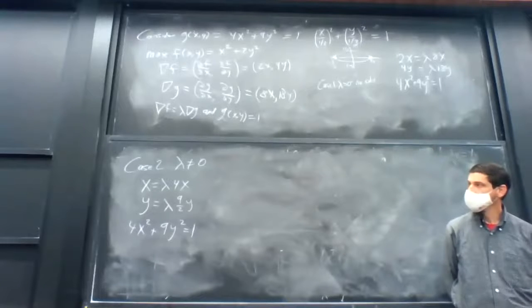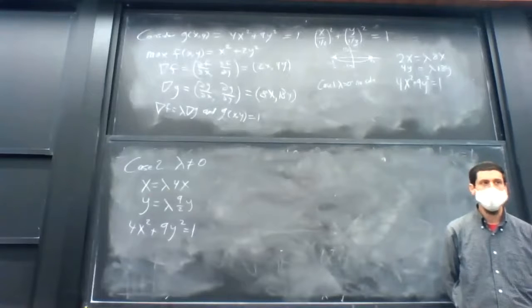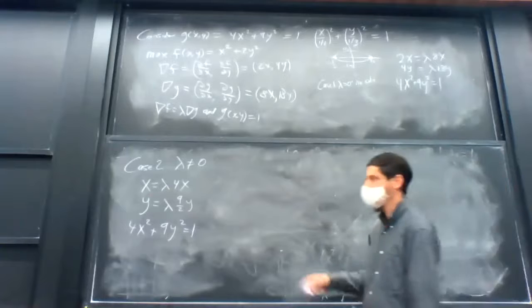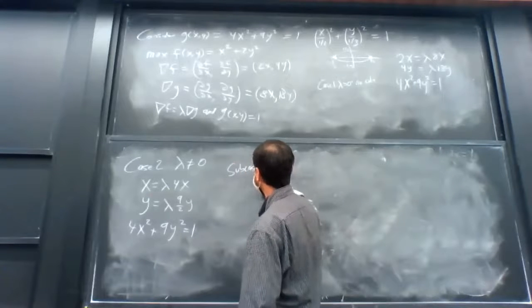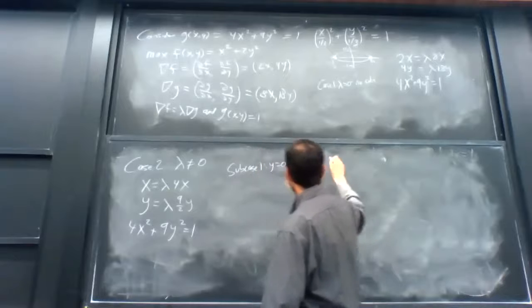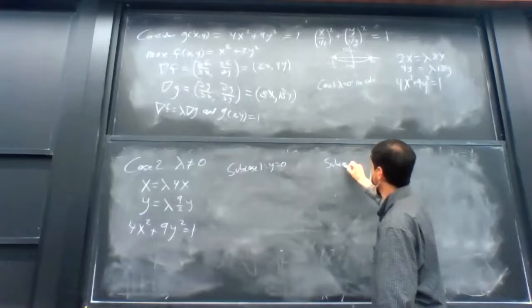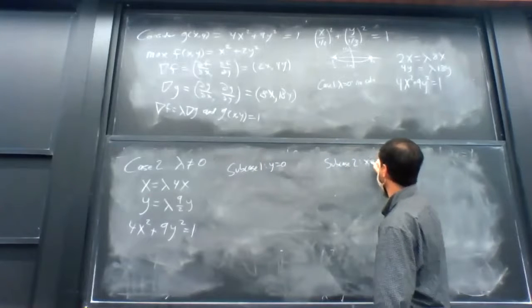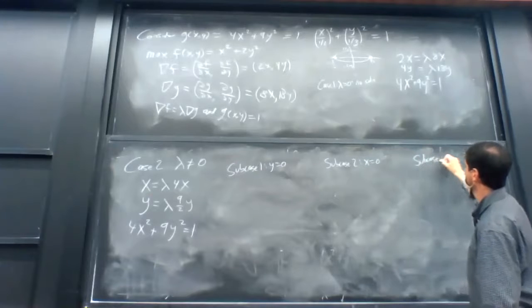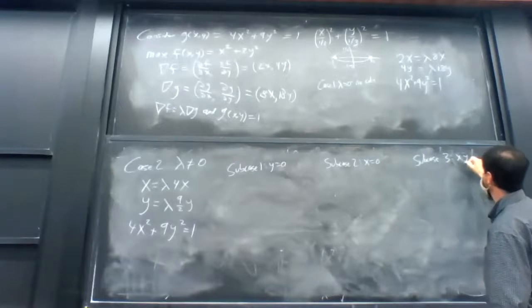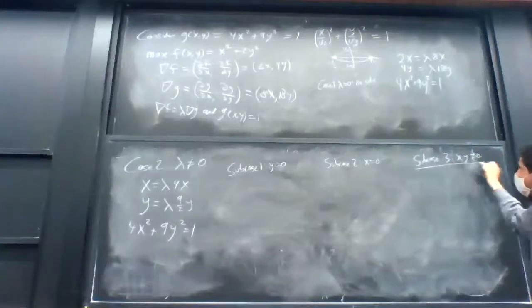So let's imagine what happens if x is 0, if y is 0, and then if both are not 0. So sub case 1, y equals 0. Sub case 2, x equals 0. Sub case 3, x and y are both not 0.